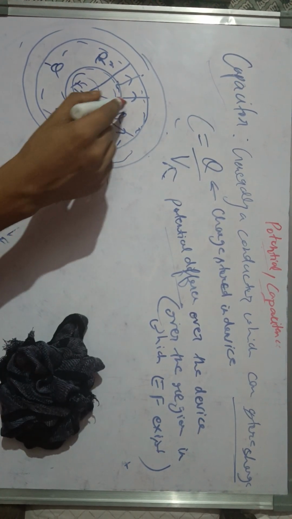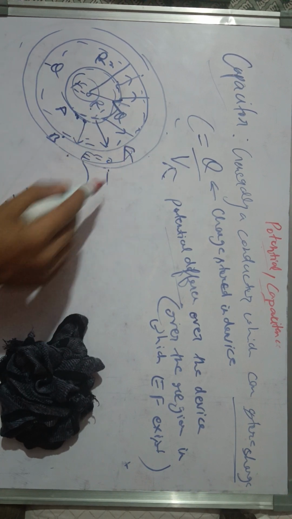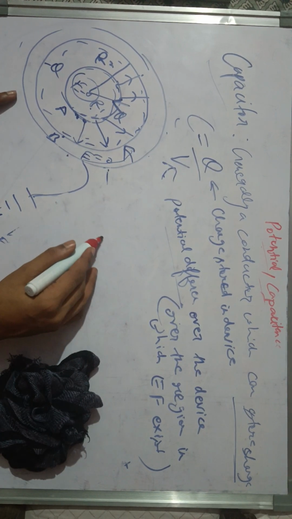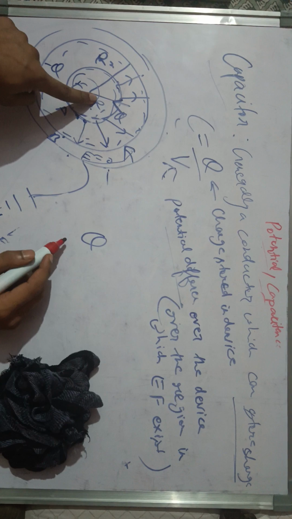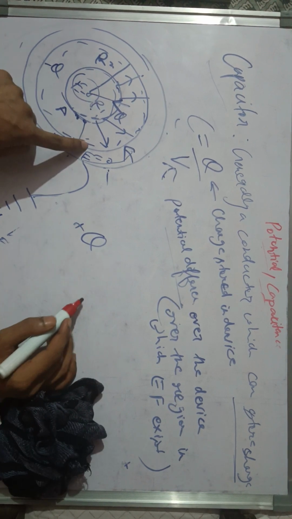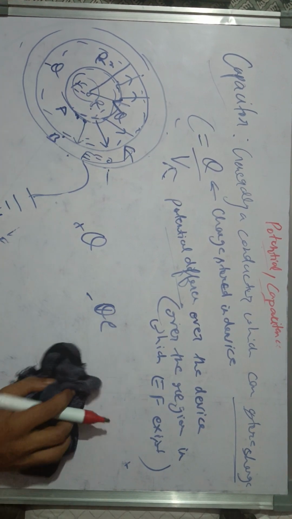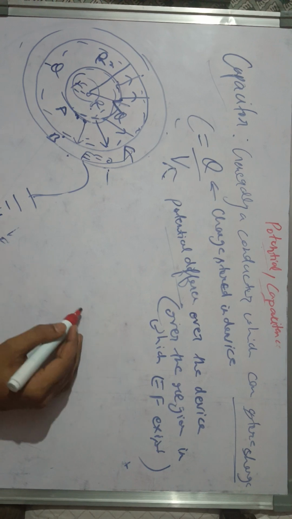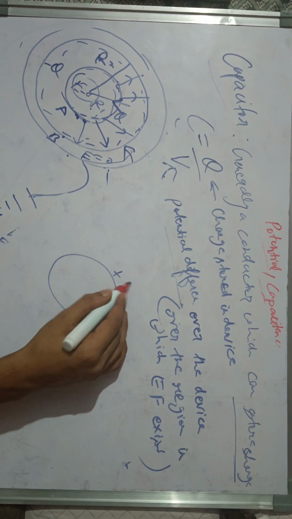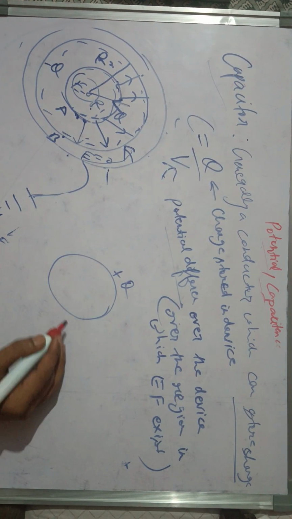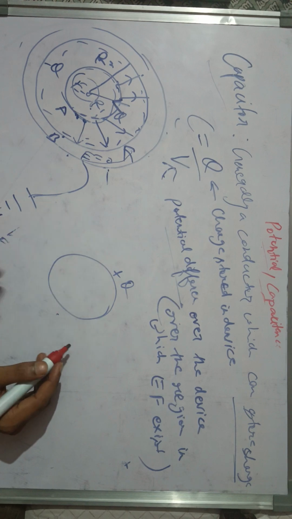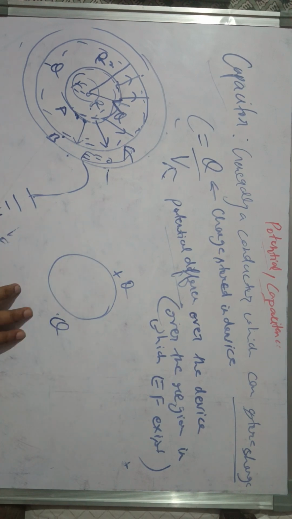In this case, the first body was this and the second body was there, and these two bodies have equal and opposite charge. This had positive q charge and this had negative q charge. But when I took the case of a single hollow surface charged by q, it had only one body of charge q.